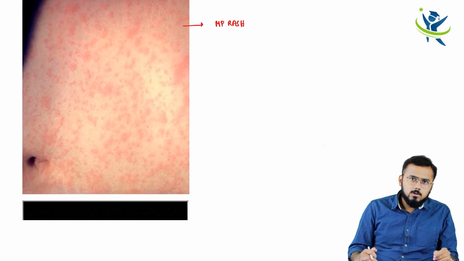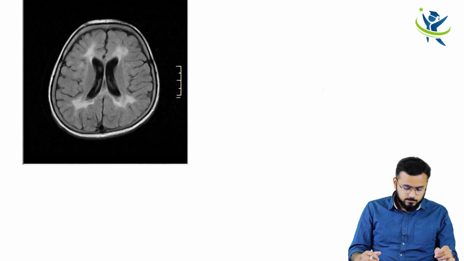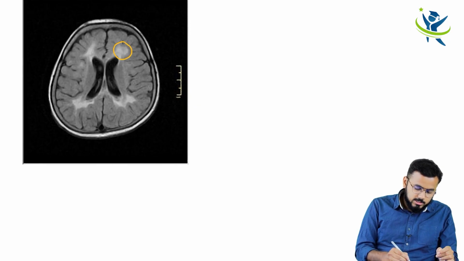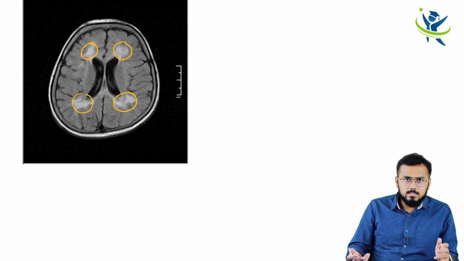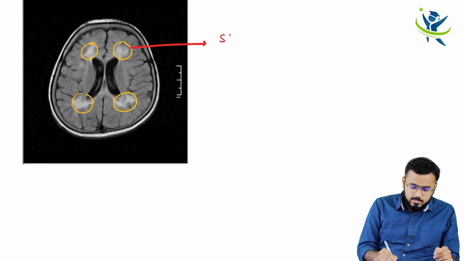And the third important thing, one of the complications of measles which I told you, subacute sclerosing panencephalitis, where you will find hyperintense lesions, right? You can see the lesions here on four corners. These are very white in color, so such lesions are called hyperintense lesions. So the patient is having hyperintense lesions, that is SSPE, right?